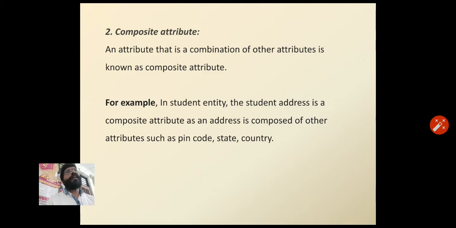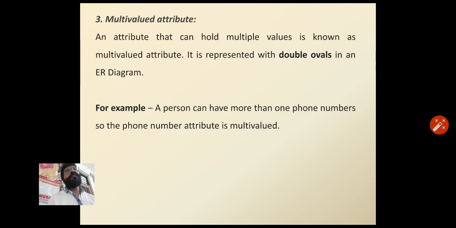Second, composite attributes. An attribute that is a combination of other attributes is known as a composite attribute. For example, address. Address is a combination of pin code, state, city, country. So, address is a composite attribute. Third, multi-valued attributes.